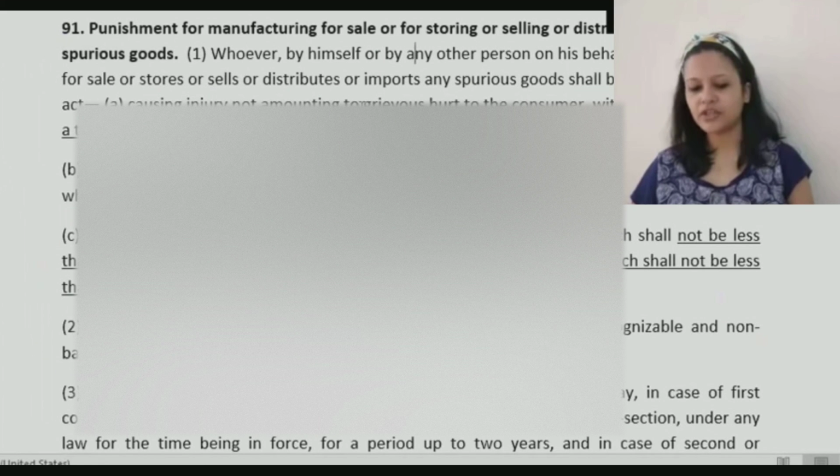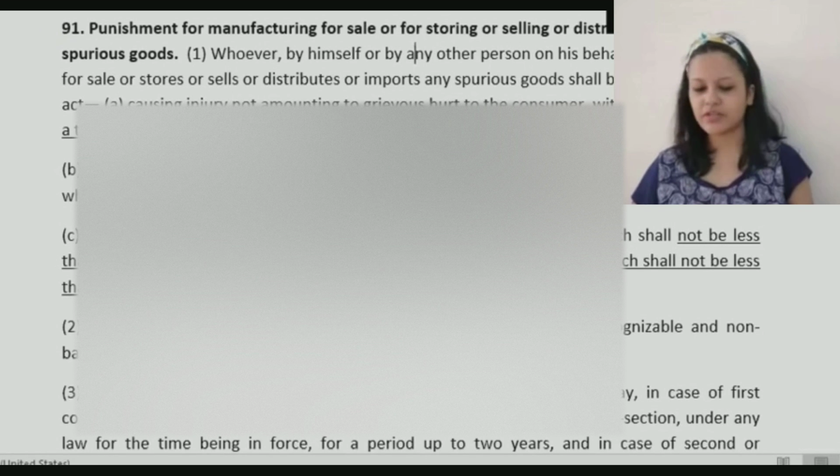Causing injury not amounting to grievous hurt. Here also it may depend on the type of wrong being caused. So causing injury not amounting to grievous hurt, imprisonment for a term which may extend to 1 year, or with fine which may extend up to 3 lakh rupees.